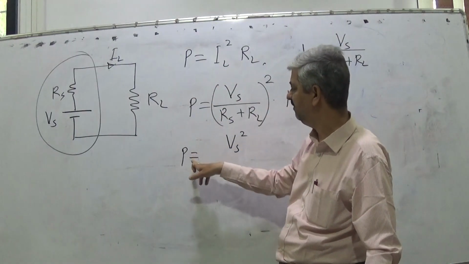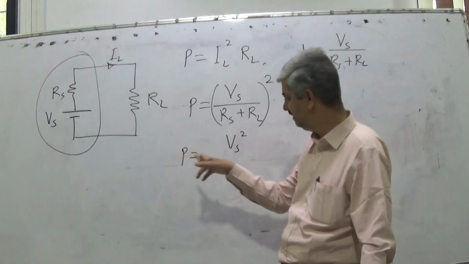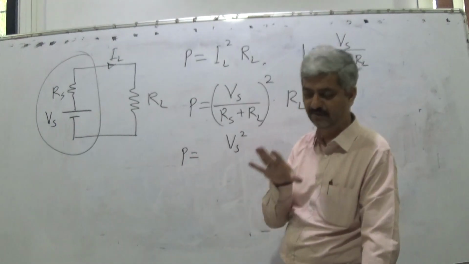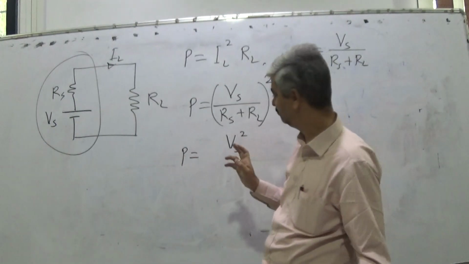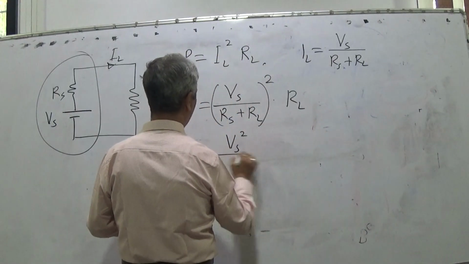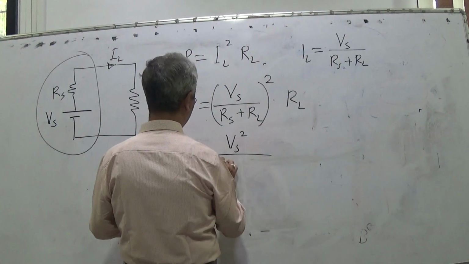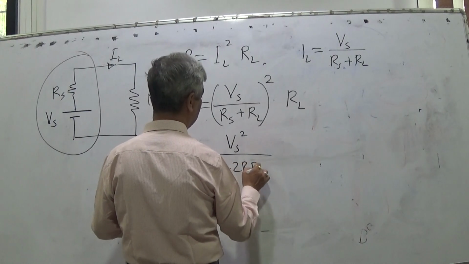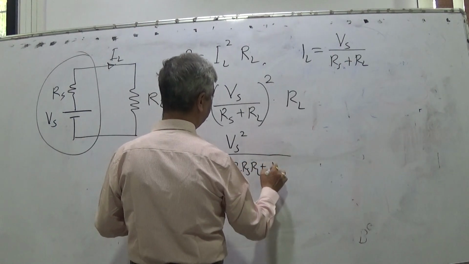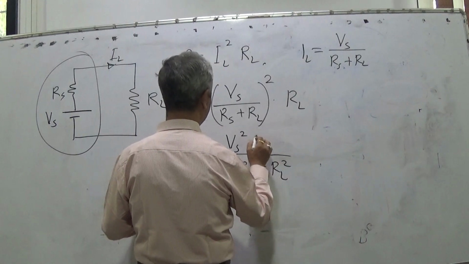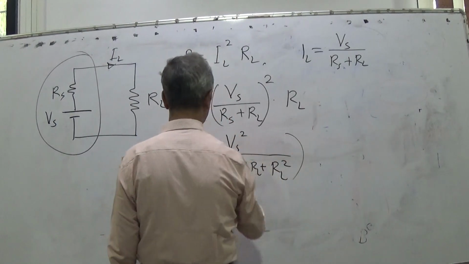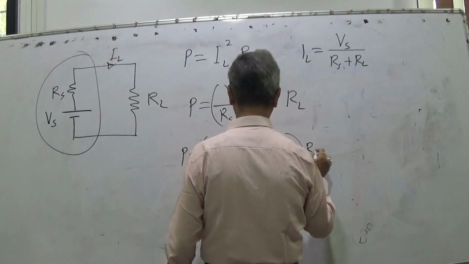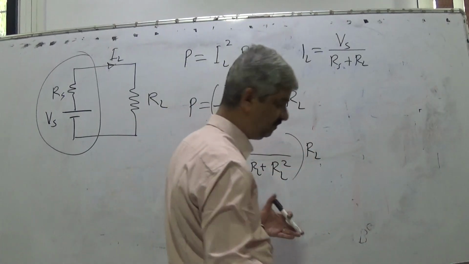I am trying to derive an expression for P in terms of RL. So Vs square upon Rs square plus 2 RL Rs plus RL square, into RL. So this is the expression for P.